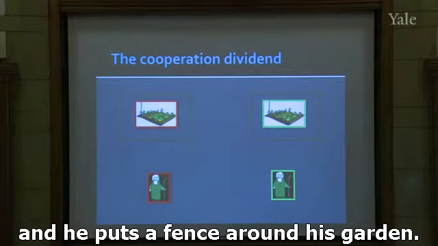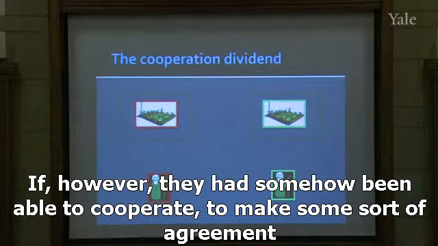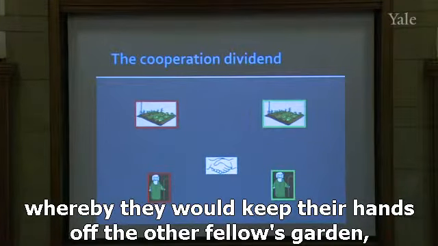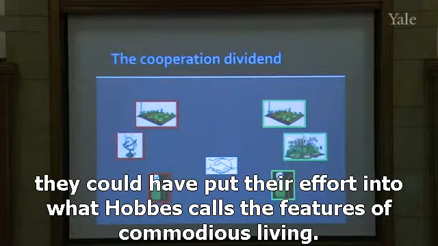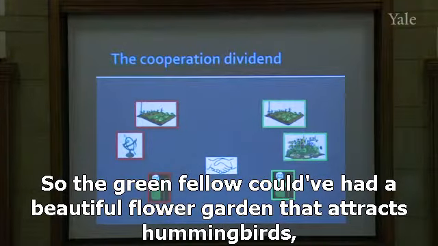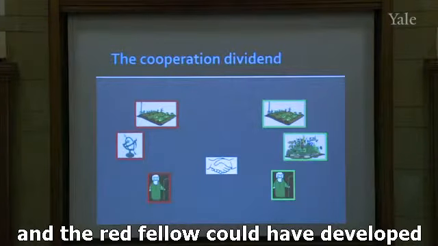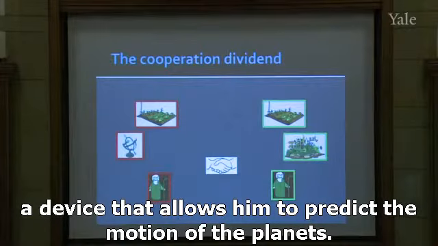And the red guy says, I don't want the green guy stealing my tomatoes, and he puts a fence around his garden. If, however, they had somehow been able to cooperate, to make some sort of agreement whereby they would keep their hands off the other fellow's garden, instead of putting that effort into building the fences, they could have put their effort into what Hobbes calls the features of commodious living. So the green fellow could have had a beautiful flower garden that attracts hummingbirds, and the red fellow could have developed a device that allows him to predict the motion of the planets.